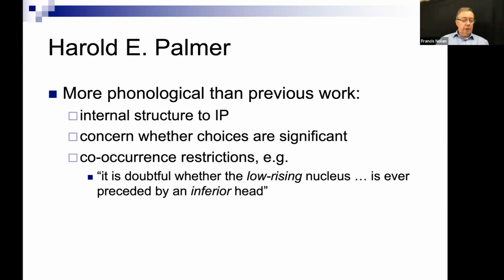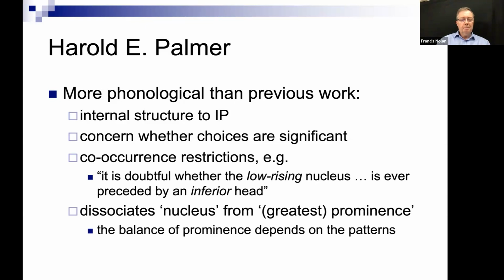He talks about even co-occurrence restrictions. Like, remember I said you can have TR at the beginning of an English syllable, you can't have TL. He says things like, "It is doubtful whether the low rising nucleus is ever preceded by an inferior head." So he's got co-occurrence restrictions between head and nucleus.